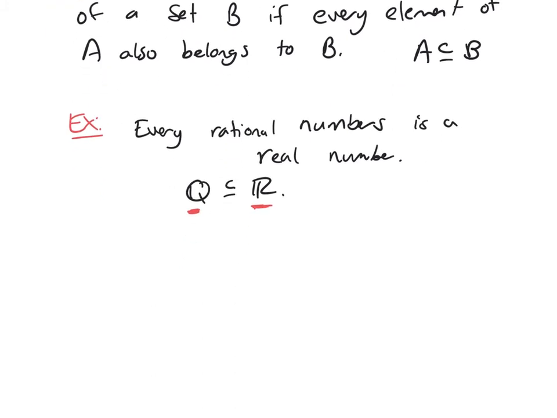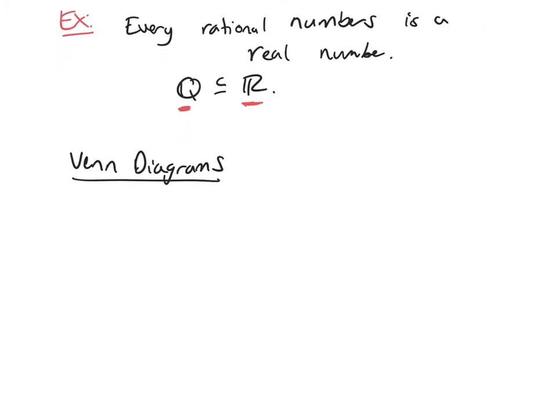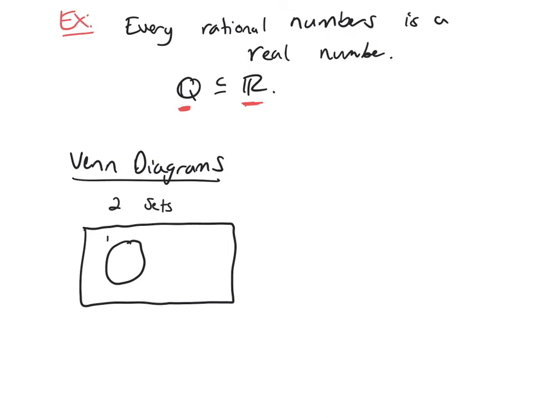So from here we talked about Venn diagrams for sets. Remember, they were a way of visualizing our sets. We had two different pictures we would look at. If you're dealing with two sets, A and B, your diagram would look like this: here's set A, here's set B, and then this box represents our universal set.